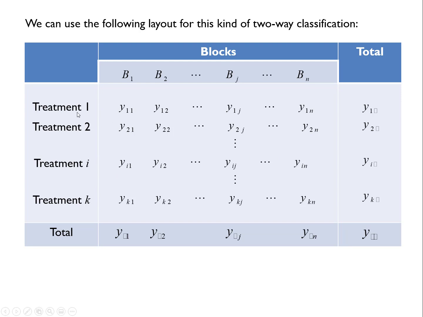We are not individually considering each one with each other one. So this is called without interaction. We don't want to check the interaction between each and every factor. We just want to conduct a general analysis, without interaction.